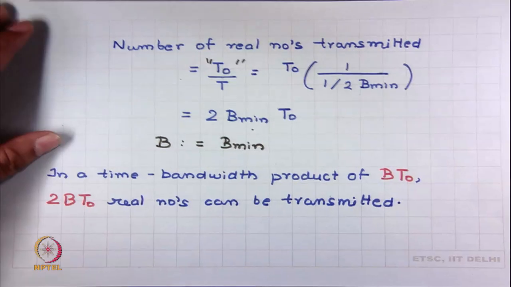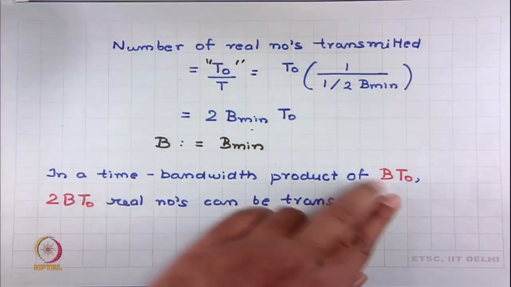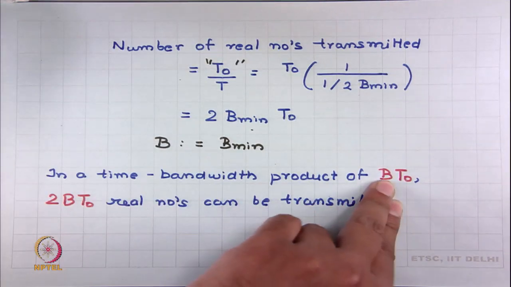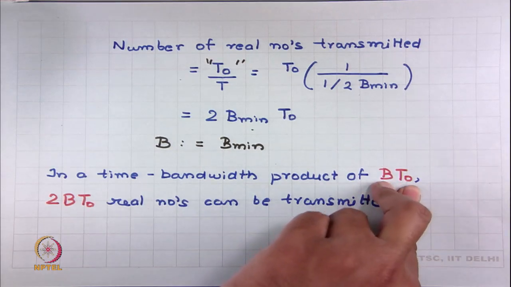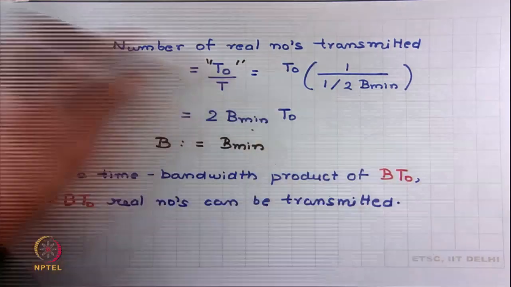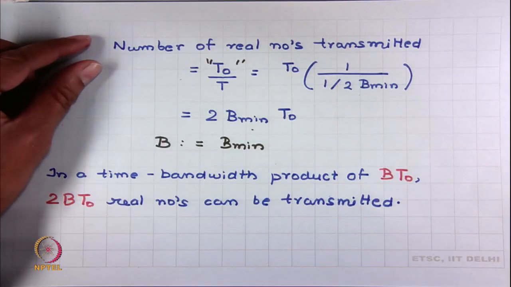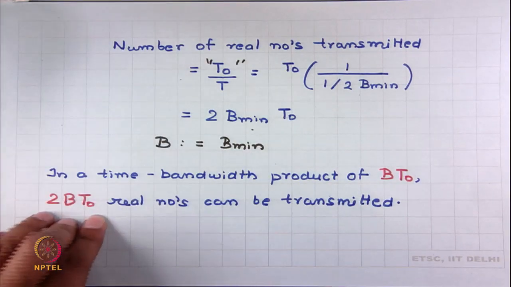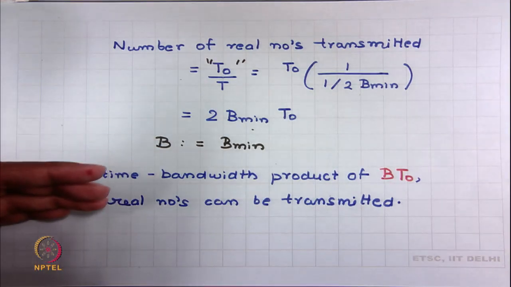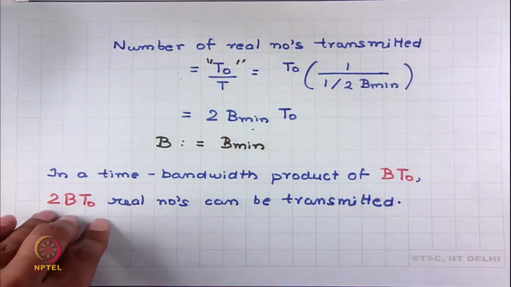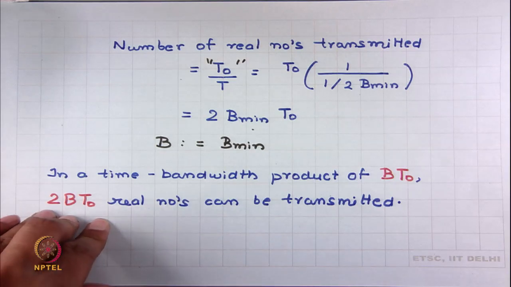So, if we consider a signal with a bandwidth of B and a duration of T naught, how many real numbers will represent that signal? We would have 2 B T naught real numbers to represent that signal. Hence the degree of freedom of a signal is 2 B T naught.